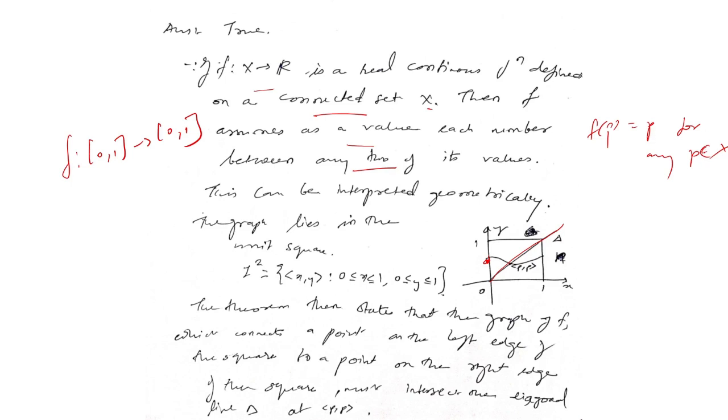That means that at some point you will get x equal to y. That is, at some point this function should cut this diagonal. That is the fixed point theorem. So this theorem states that the graph of f, which connects a point on the left edge of the square to a point on the right edge of the square, must intersect the diagonal line delta at some point (p, p). Fine. So let's see its proof in terms of topological spaces. How can we prove it?